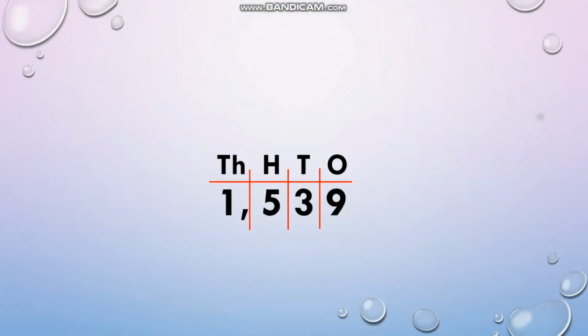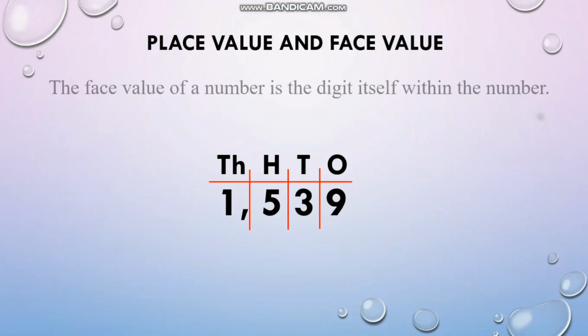Now that we've finished place value, let's look at face value. The face value of a number is the digit itself within the number. For example, we have the number 1,539. What is the face value of the digit in the tens column? Or, what is the face value of the 3 in the number?